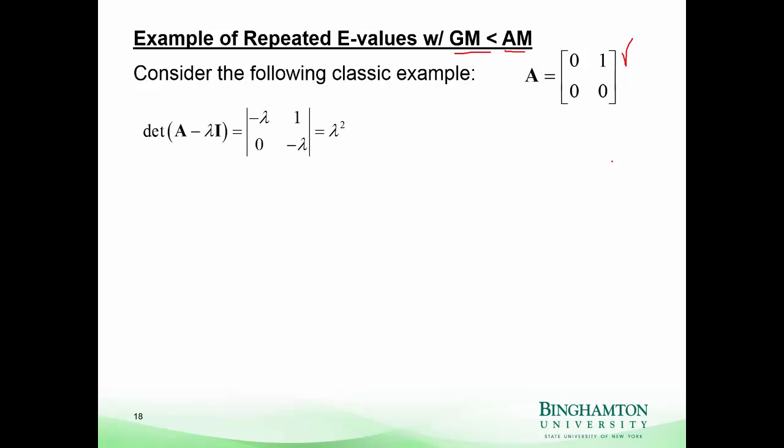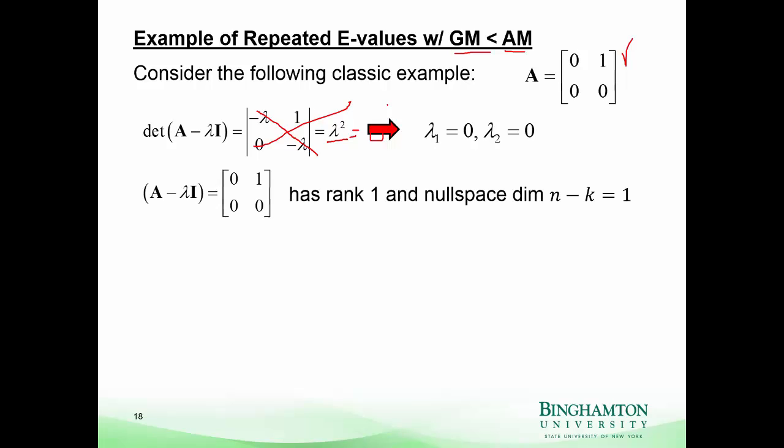Let's take a look at the determinant of A minus lambda I. Pretty straightforward: minus lambda times minus lambda gives us lambda squared minus 0. Set lambda squared equal to 0, and we have 2 repeated eigenvalues, lambda 1 equals 0 and lambda 2 equals 0. It's not because they're 0, it's because they're repeated. Make sure you understand that.